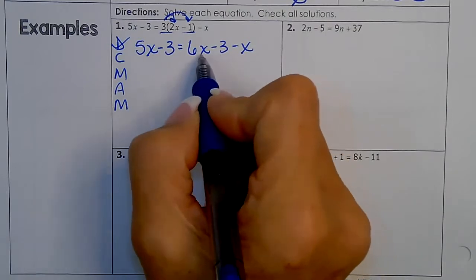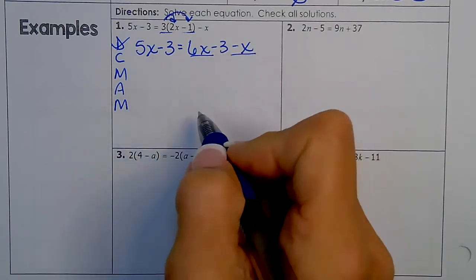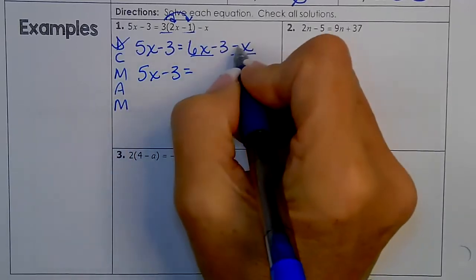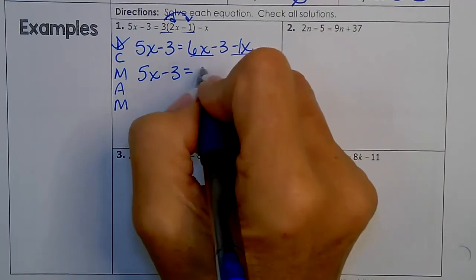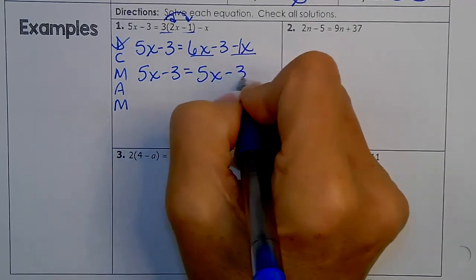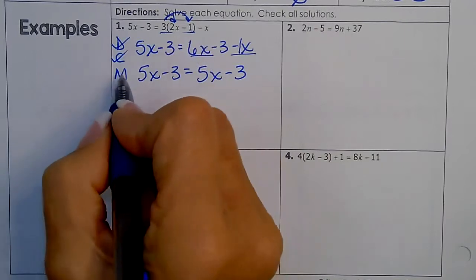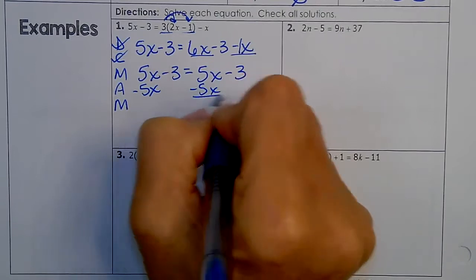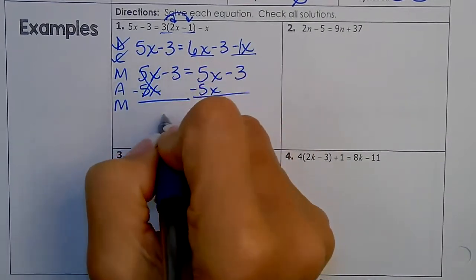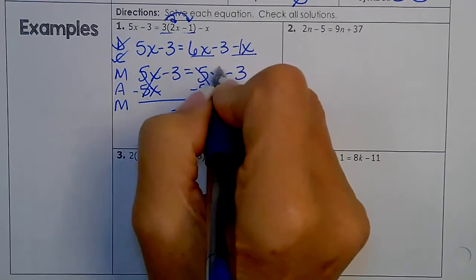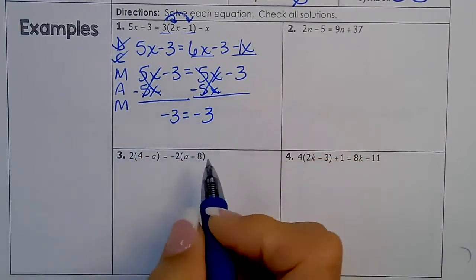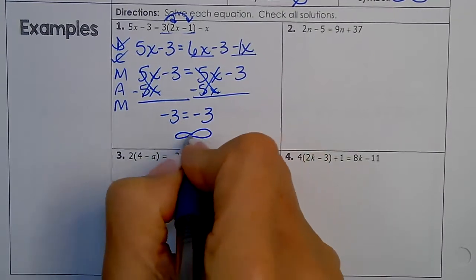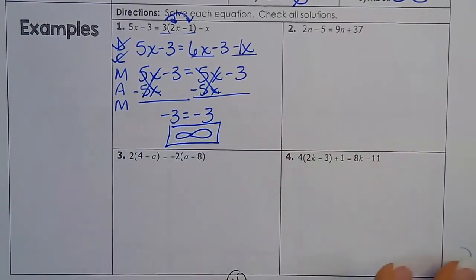Nothing on this side, but yes, I can combine those. 6x minus a given 1x is 5x. Okay, next thing I'm going to move variables. So I'm going to subtract 5x from both sides. That cancels, and I have -3 equals -3. That is a true statement. So my answer is infinite solutions.